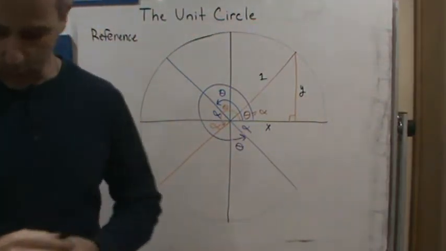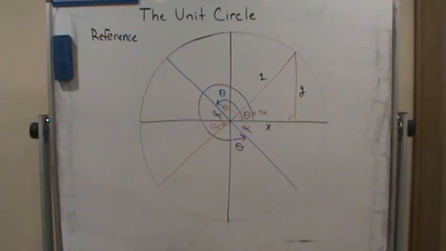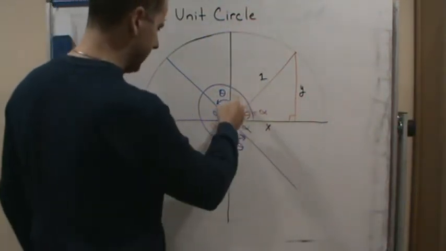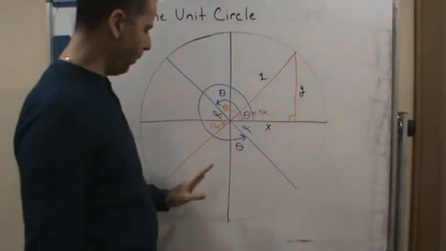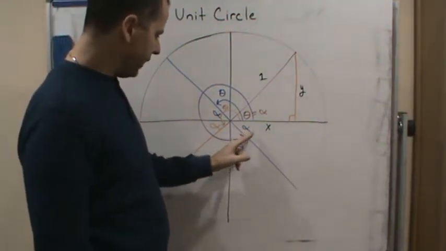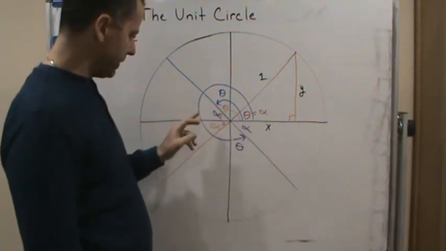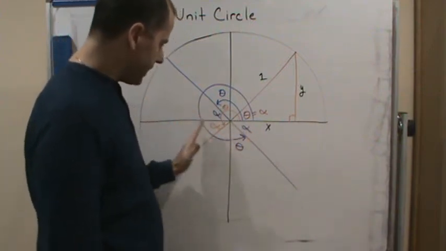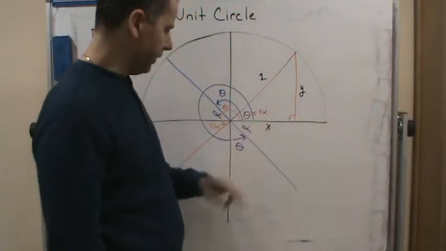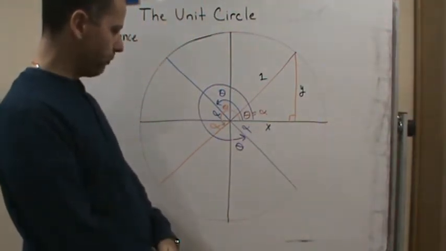So alpha represents these. I did this on purpose: I'm representing the same angle, and I want all of these reference angles to be the same. My point is that any of these reference angles has an equivalent reference angle in quadrant number 1.